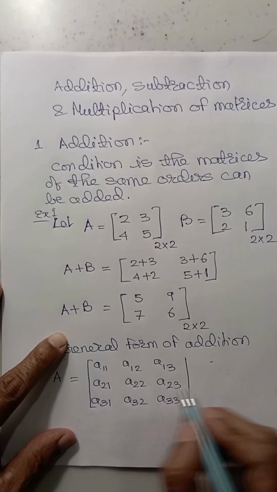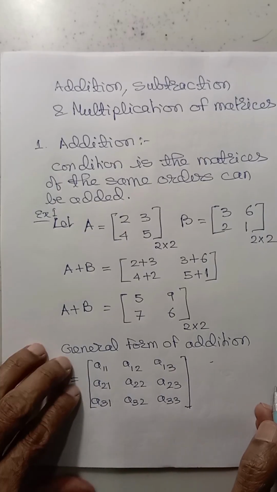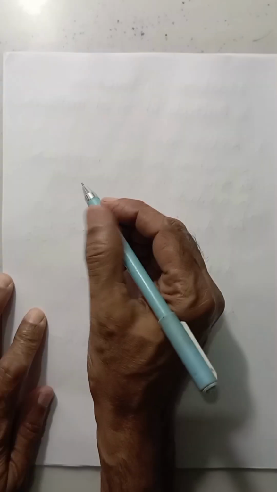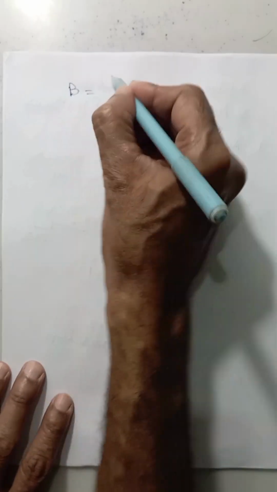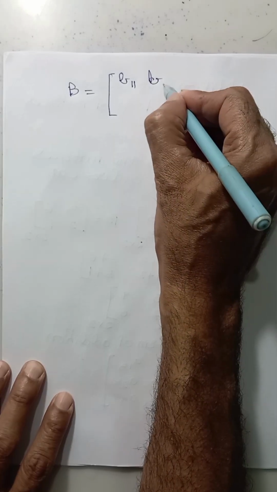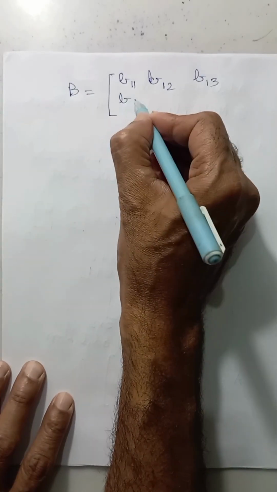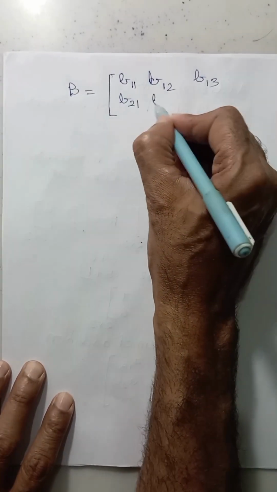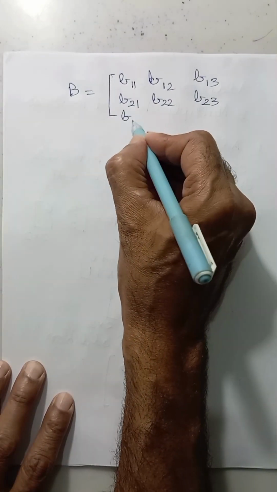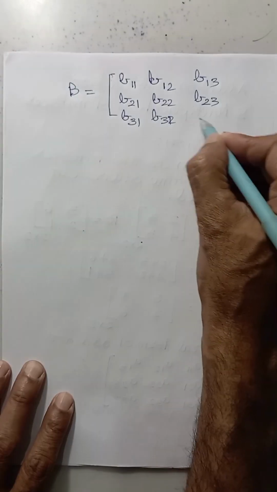So this is one matrix, and suppose there is another matrix B is equal to B11, B12, B13, B21, B22, B23, B31, B32, B33.